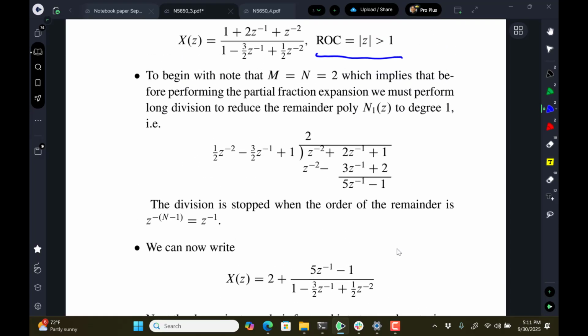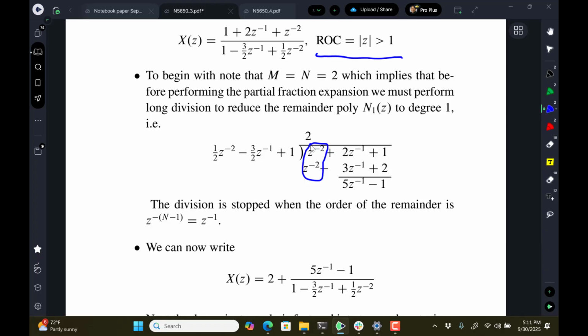So we divide the denominator into the numerator, and the whole objective of the line division is to be able to reduce that z to the minus 2 down to a z to the minus 1. So you look at the line division and ask, how do I proceed? Well, you want to get that annihilation in there, right? Because that will reduce the order down for us.